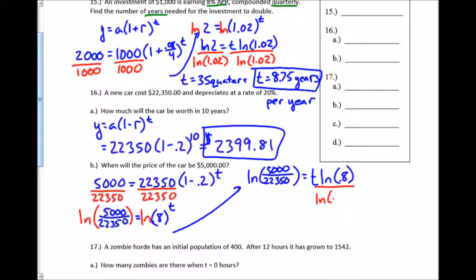And once again, this is going to be a job for my calculator. So I plug it in. And when I do that, it gives me approximately 6.71 years. Okay?